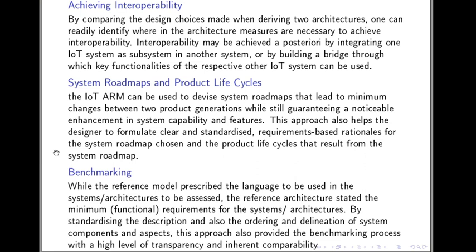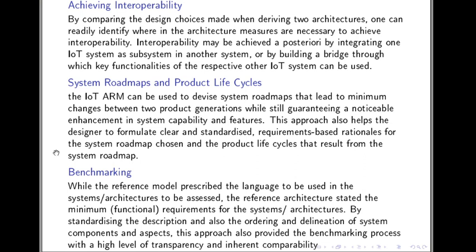And then the next one is benchmarking. Benchmarking means we are comparing different architectures and then finding which one is best for which parameter or for which solution.